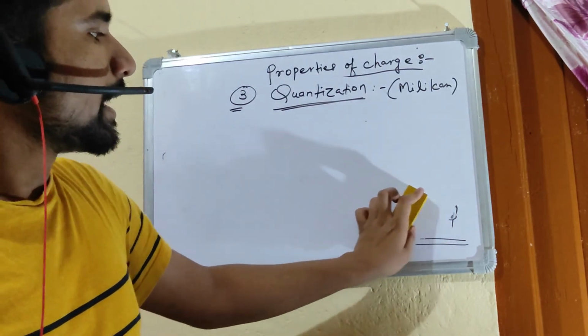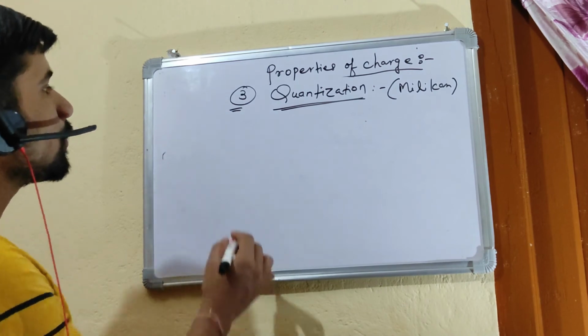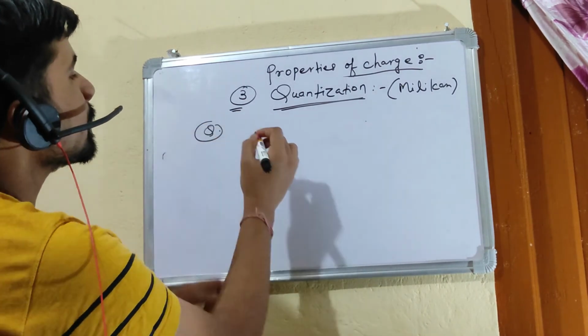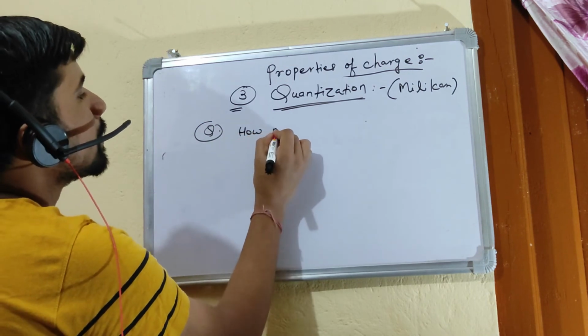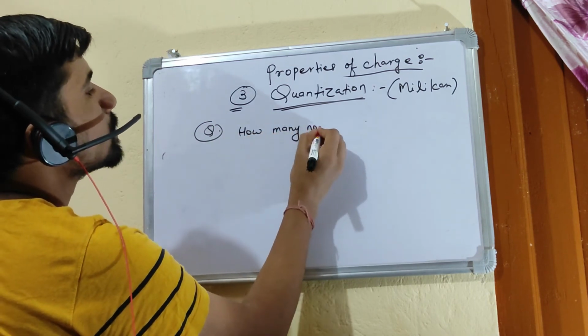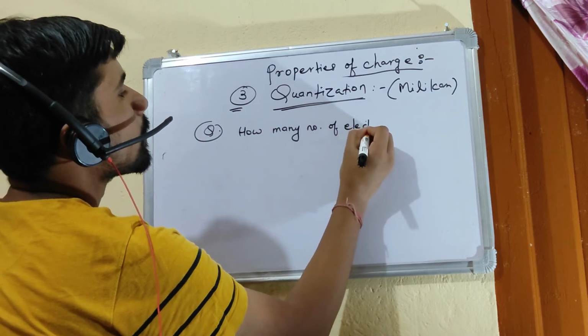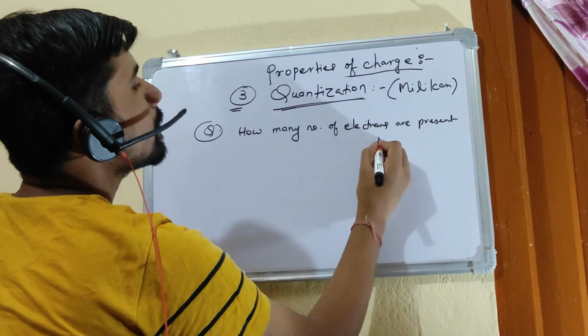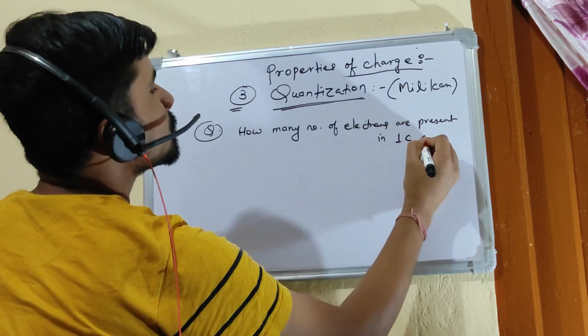So there is one more exercise here. Now we need to find how many electrons are present in 1 coulomb charge.